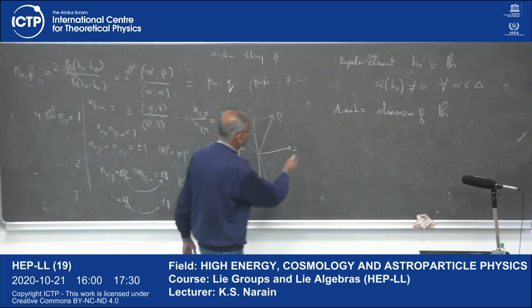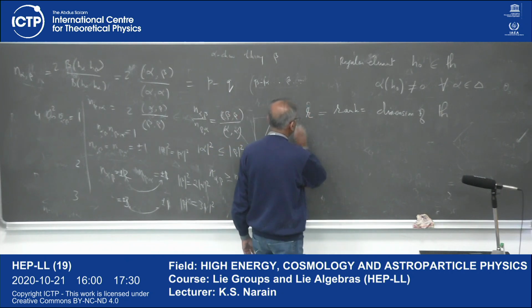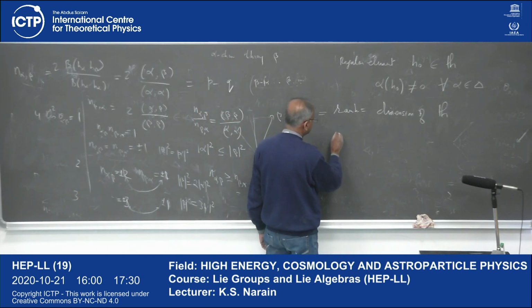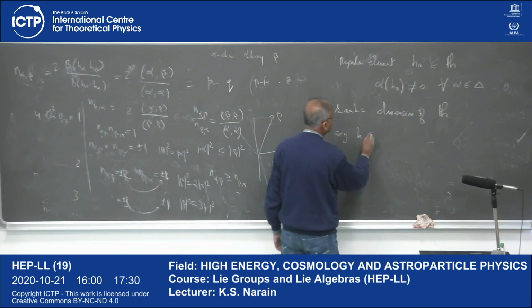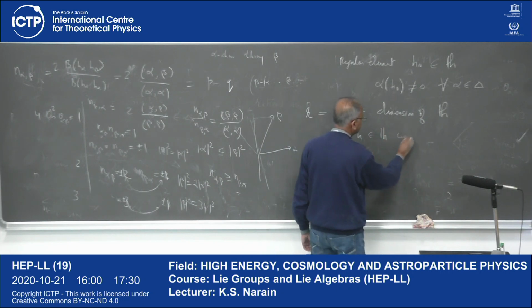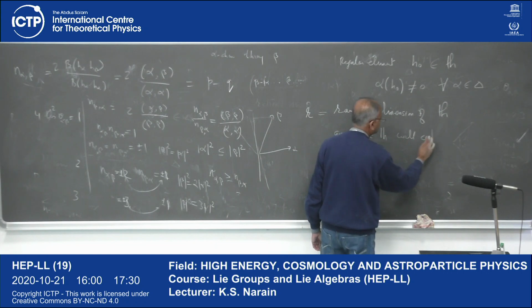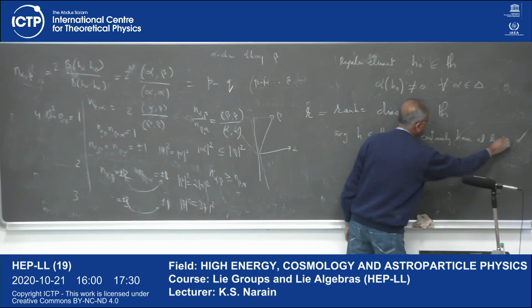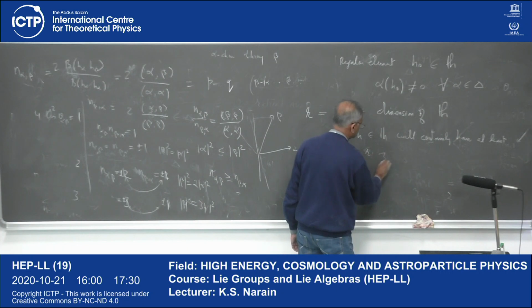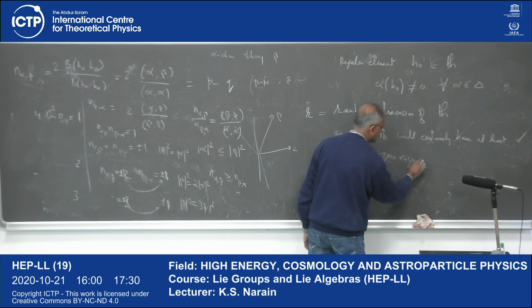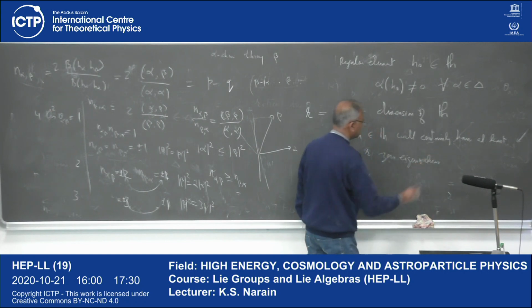So the rank, let me denote it by the symbol R. Any H in the Cartan subalgebra will certainly have at least R 0 eigenvalues. Some of them can have more 0 eigenvalues, but minimum they will have this much.